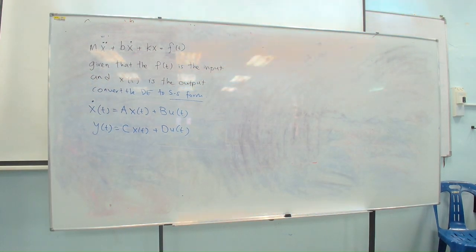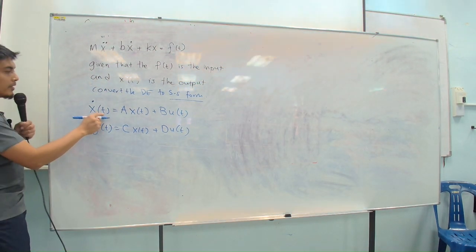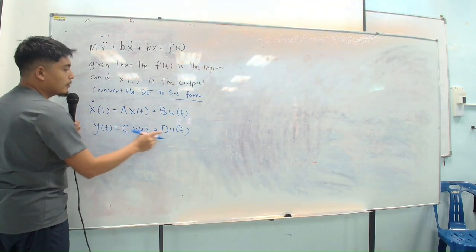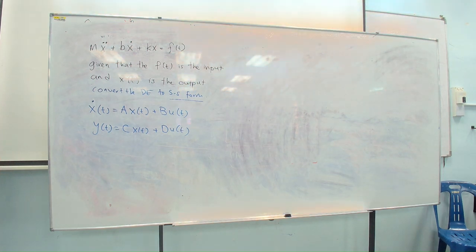Okay, I would like to remind again the state space in time domain. Before this, I use short form. I didn't put in bracket t because in the final exam you also do not need to put bracket t. You put x dot equal Ax plus Bu, that will be enough. No problem with that.